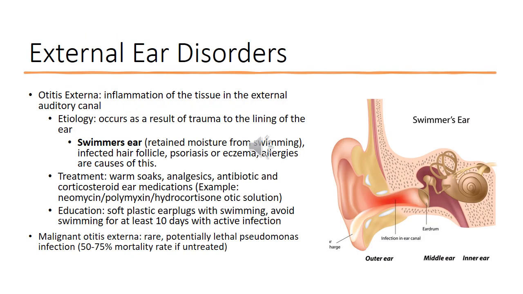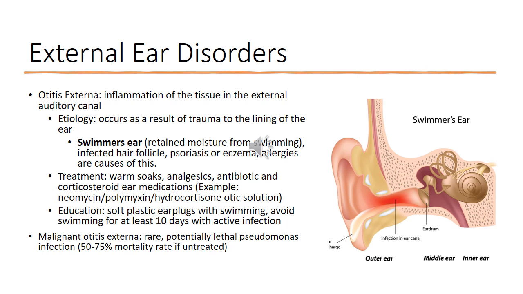External ear disorders: otitis externa is the inflammation of tissue in the external auditory canal. This occurs as a result of trauma in the lining of the ear. Swimmer's ear, infected hair follicle, psoriasis, or eczema and allergies can cause this.